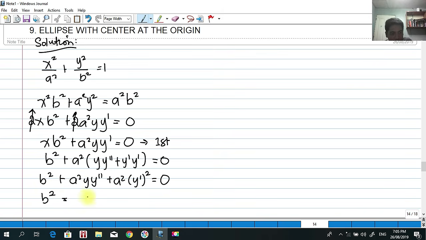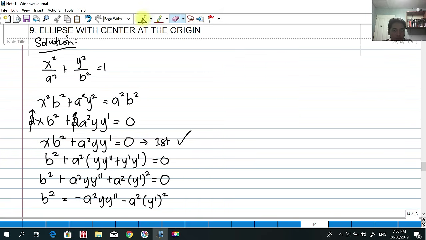We have b squared equals negative a squared y y double prime minus a squared y prime squared. And we can substitute this b squared into the first derivative that we got a while ago, this equation.